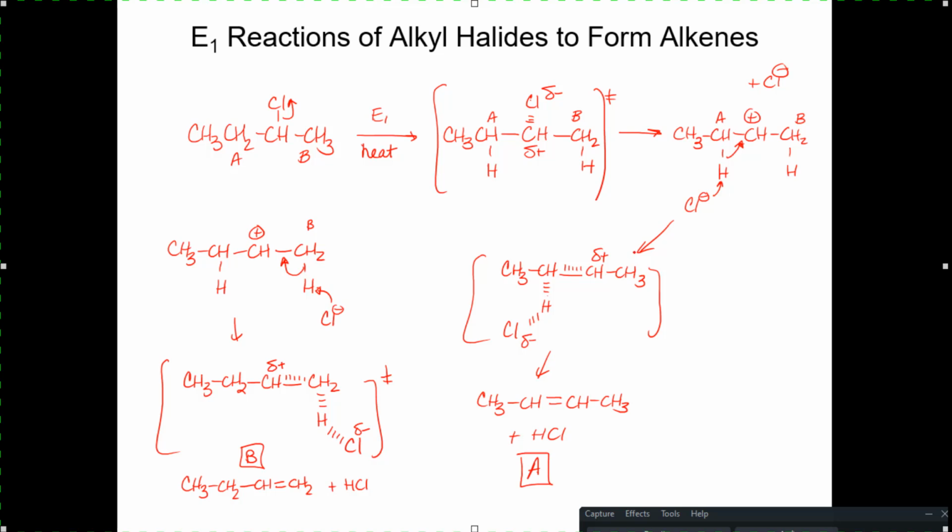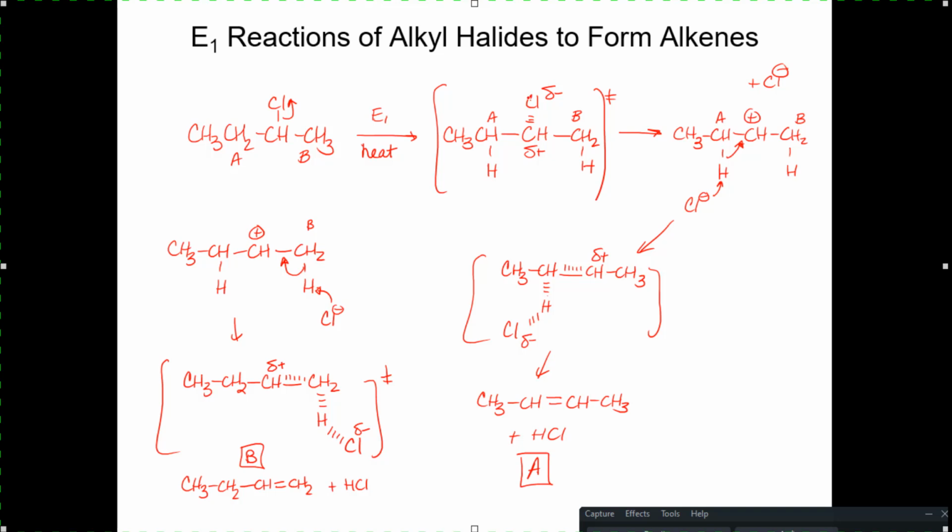Okay, so whenever you do an elimination reaction, in this case an E1 mechanism, you basically are going to form possible products by losing the hydrogen attached to the carbon, attached to the carbon, attached to the leaving group.